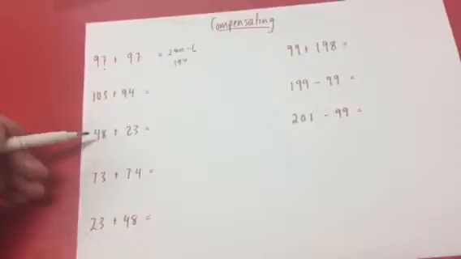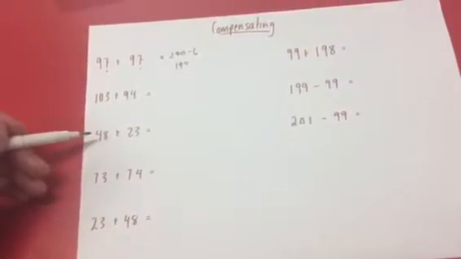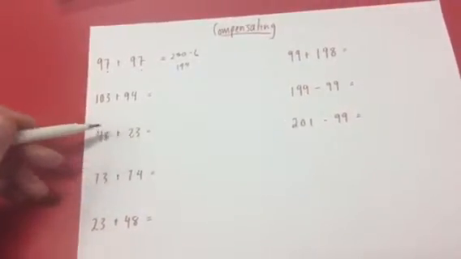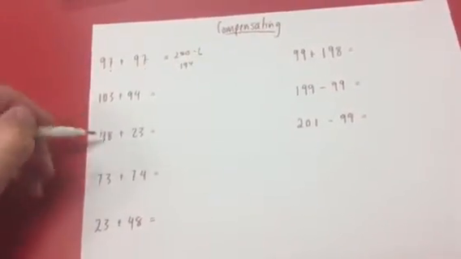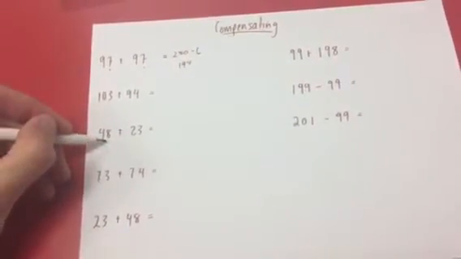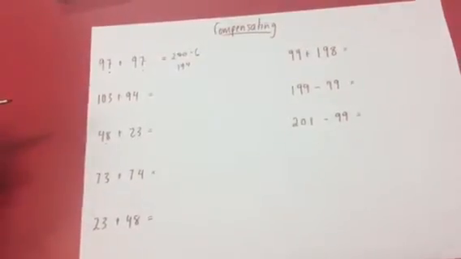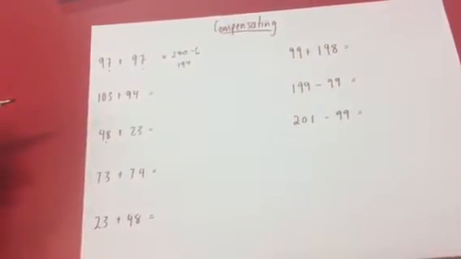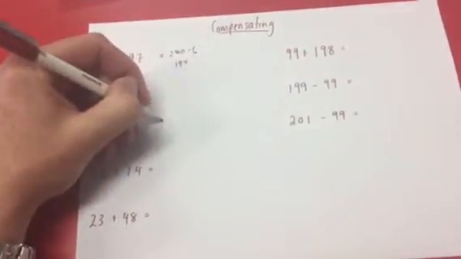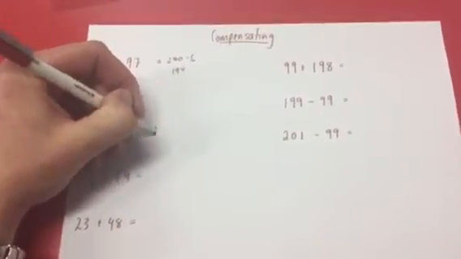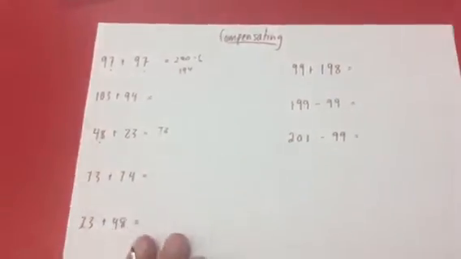The next question, 48 plus 23. Compensating, what am I going to do? I'm going to change this 48 and make it 50 by adding 2. 50 plus 23 equals 73.